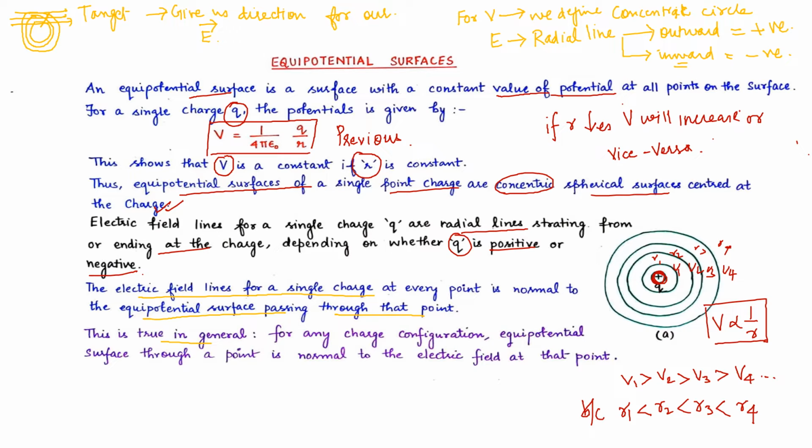So the last line says that electric field lines and voltage for an equipotential surface are perpendicular to each other.